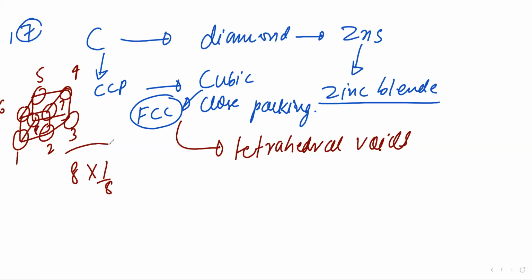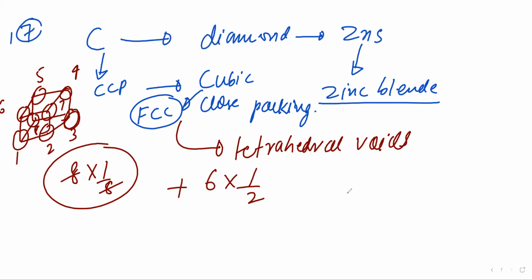So 8 atoms, and this unit is containing 1/8 part of each, so it is 8 into 1 upon 8, plus 6 faces, so it will be 6 into 1 upon 2. Total how many faces are there in the cubic unit cell? 6 faces, right? In the previous question I have explained it, right? So that contribution will be 1 upon 2.